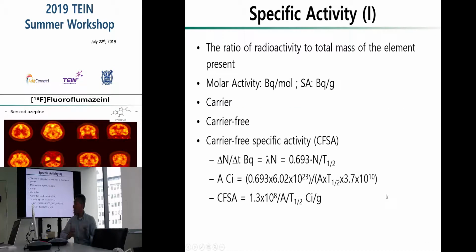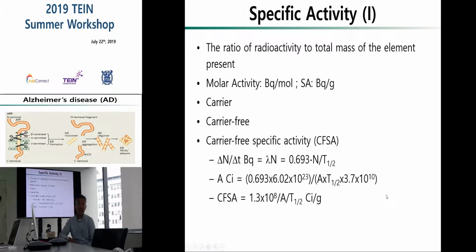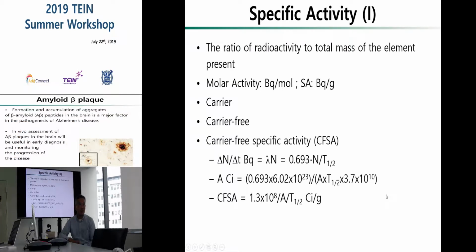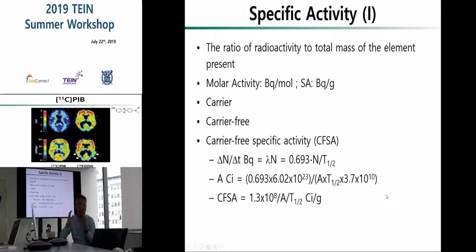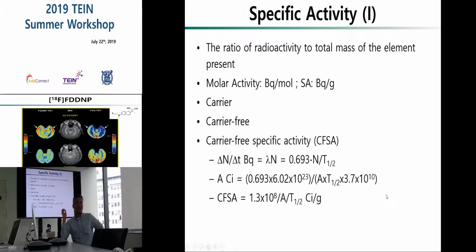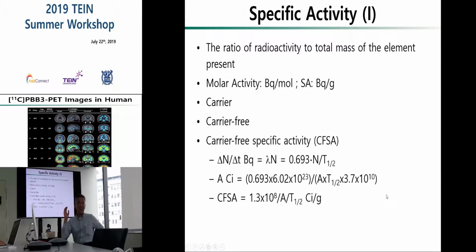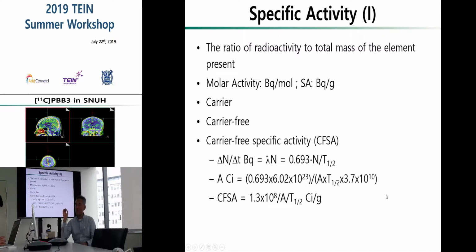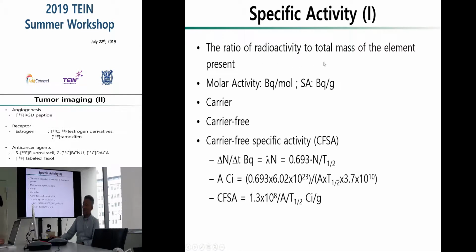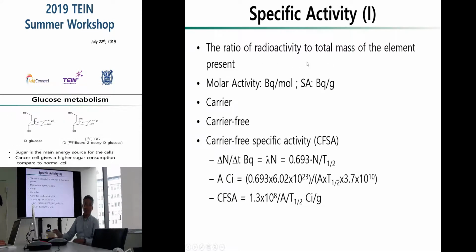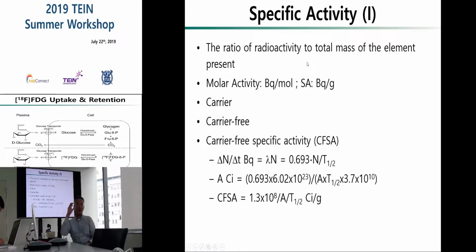Before we start this class, we have to understand that specific activity is very important. This concept means the ratio of radioactivity to the total mass of the element present.